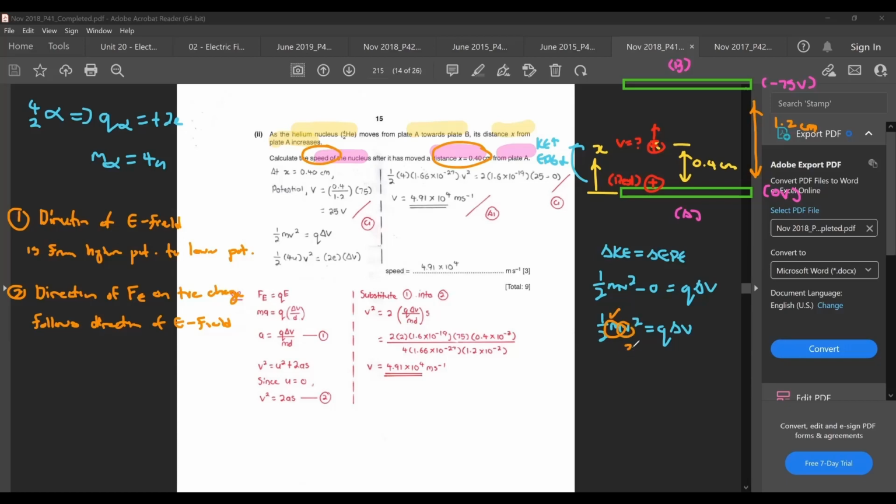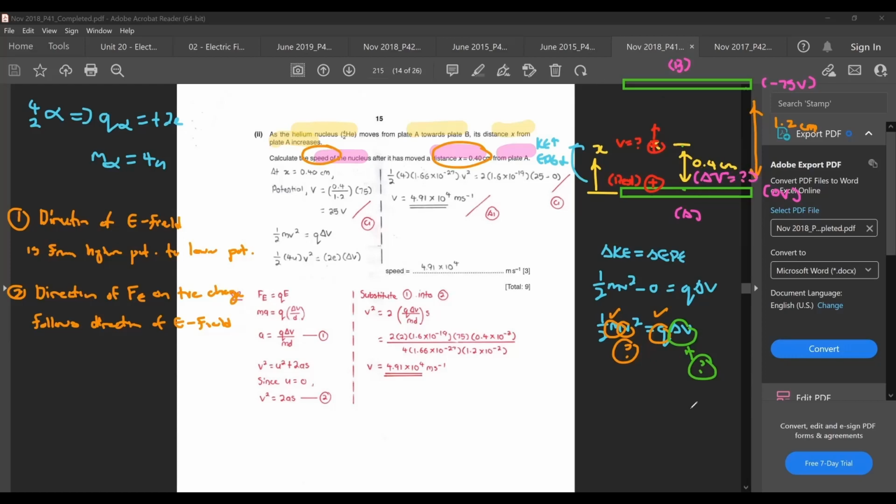The v is what you want to find out. You also know the charge of your alpha particle, but there's one other unknown here, the potential difference. You need to find out the potential difference between plate A and the 0.4 centimeter mark before you can even solve this question. So here, you are required to find out what is the delta V.